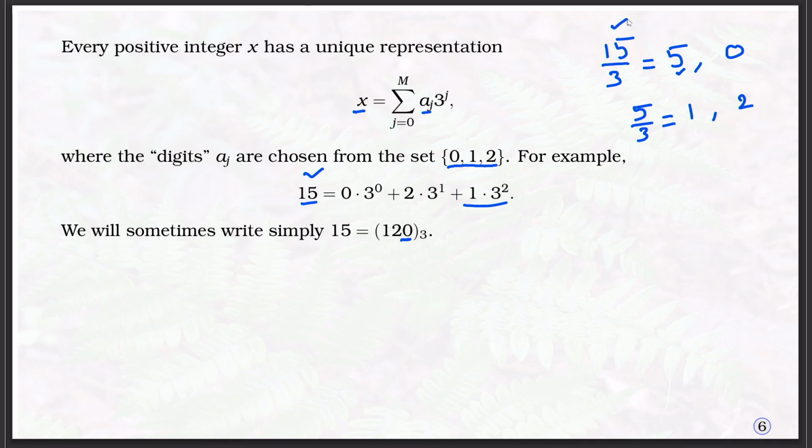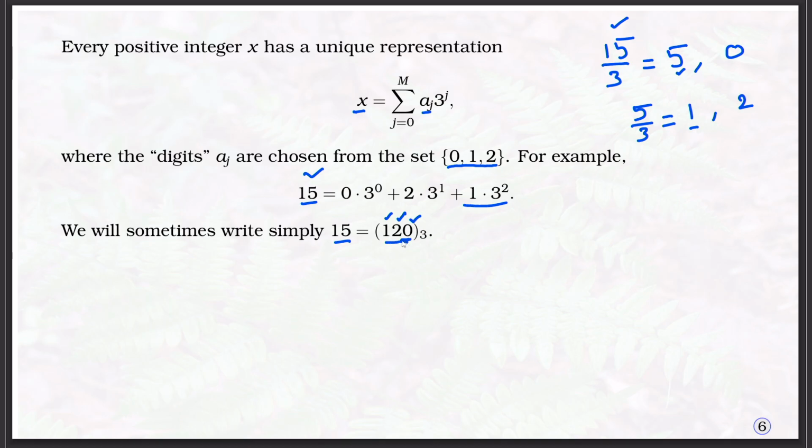Whenever you divide an integer by 3, once you reach the number 1, you can stop the process. Now, the base 3 representation is 1, 2, 0. So, 1, 2, 0 is the base 3 representation of the number 15. Here you can observe that the base 3 expansion includes the digits 1, 2 and 0.